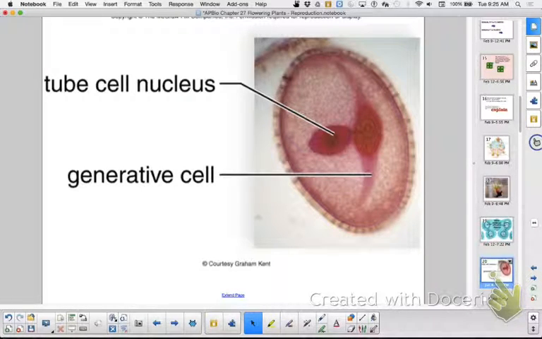Do you remember I said it has to have that tube that grows down? There are actually 3 nuclei total in your sperm. One nucleus's job is to build the tube. One is going to fertilize the egg, and a third is going to fertilize the food source.